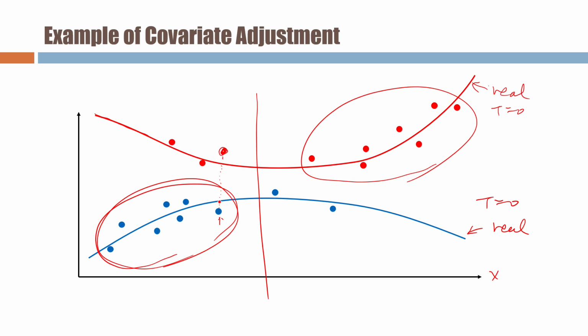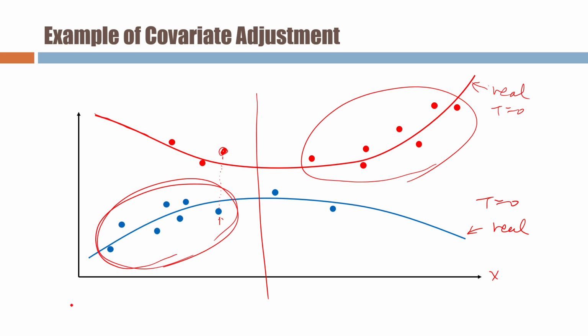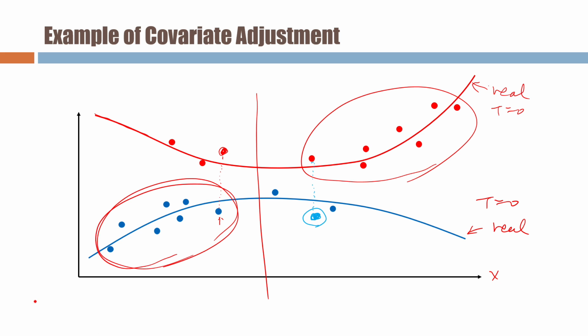So we created all the counterfactuals using the regression model. Or if we treat t equals 1 here, what would it be if we give treatment 0 here? So we are trying to figure out those points using the prediction model.